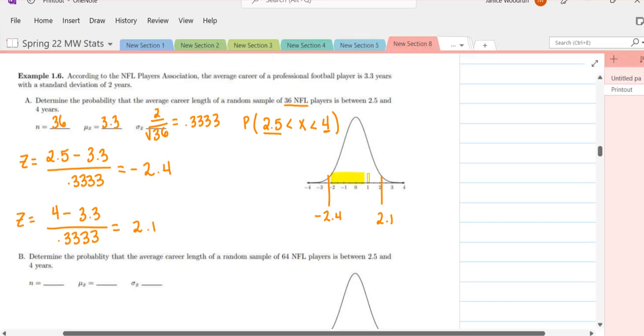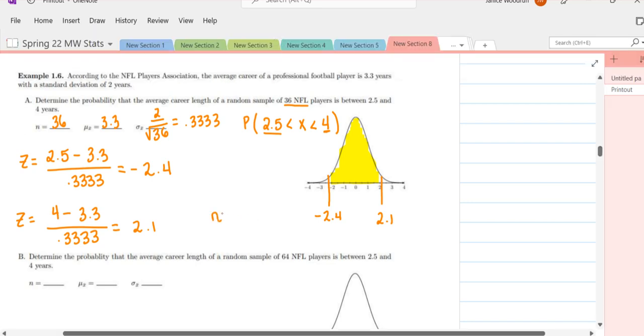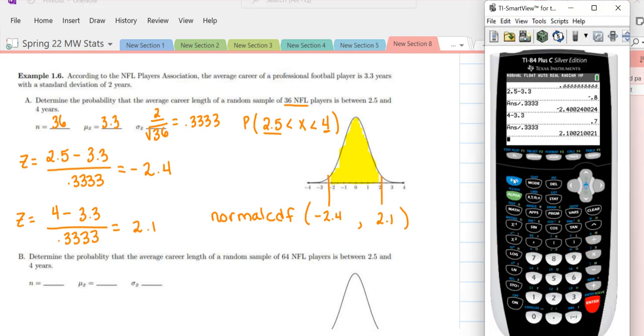And we want this area right here, so the probability in between them. Okay, so we're going to do normal CDF. And then our lower limit is negative 2.4, upper limit 2.1. That gives .9739.